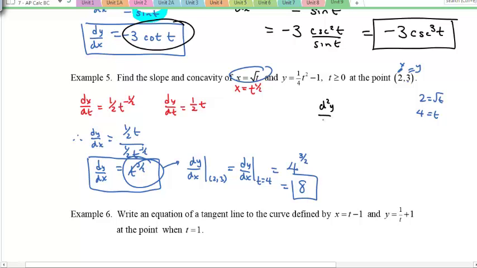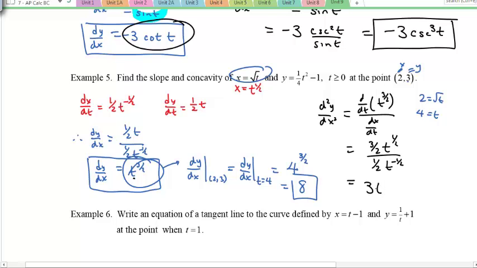d squared y over dx squared is the derivative of dy/dx with regards to t. So d/dt of, in this case, t to the power of 3 over 2, divided by dx/dt. That derivative is 3 halves t to the 1 half. dx/dt is once again 1 half t to the negative 1 half. 3 halves divided by 1 half is 3. t to the power of half times t to the negative half is adding a half plus a half, which is just 1.